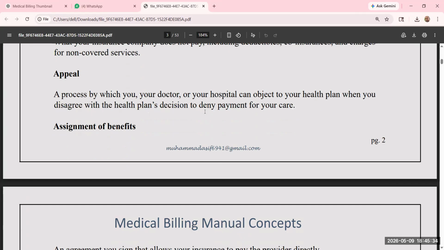So appeal works like this: a patient is taking services and the provider has given services, but the insurance company is denying payment. At that time the provider gives full proof support that the patient required this treatment or that medical necessity was required, which is why the physician gave this service, so you should pay for it. That format is called the appeal.